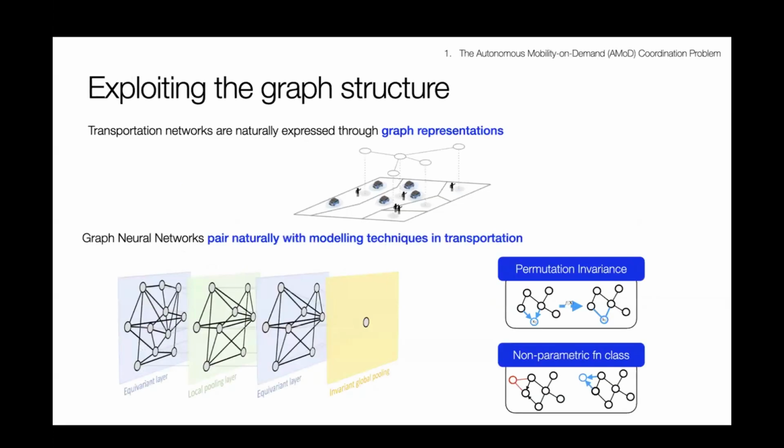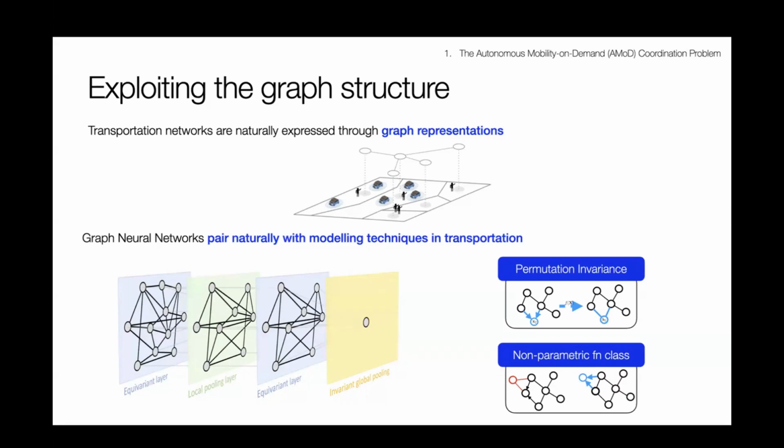The key observation here is that transportation networks are naturally represented as graphs, where, for example, nodes represent areas in the city and edges the connectivity between them. The point is that graph neural networks, which are a specific kind of neural network architecture, pair naturally with the techniques often used in transportation literature, because it is an architecture designed to work with graph-structured inputs and outputs.